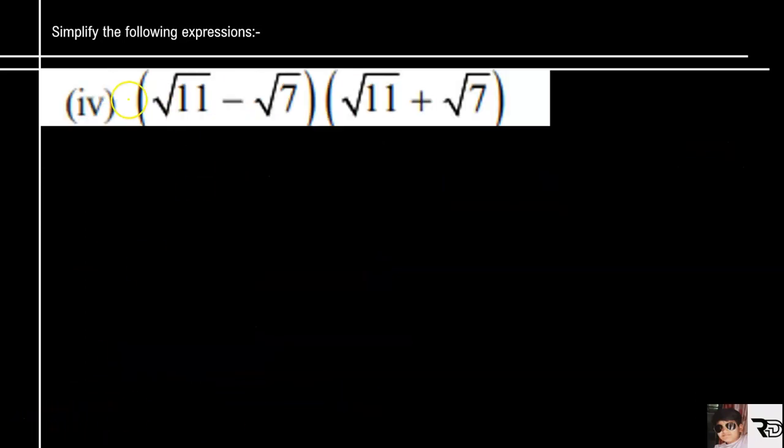With this we will move to the next, which is root 11 minus root 7 into root 11 plus root 7. So this is root a plus root b, root a minus root b, which becomes a minus b.